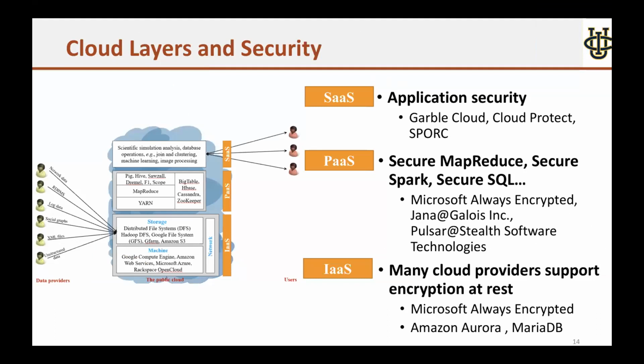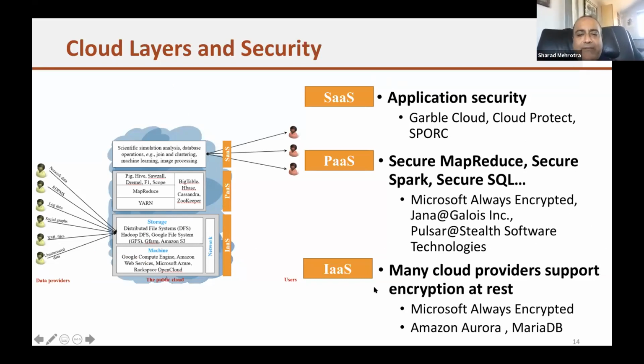All right, from the cloud layer slide. All we were saying was that encryption, or secure processing in the cloud, is done at every layer: the infrastructure layer, the platform layer, and the software layer. Different techniques are implemented at different layers.